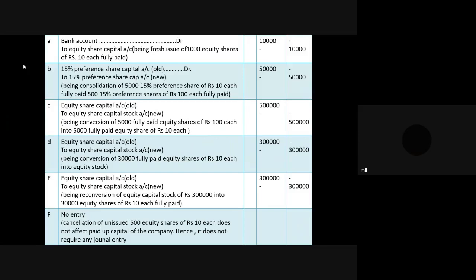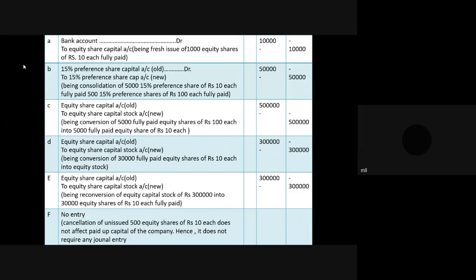Here it is consolidation of shares, reduced to only 500 preference shares of rupees 100 fully paid. The narration being consolidation of 5,000 15 percent preference shares of rupees 10 each fully paid into 500 15 percent preference shares of rupees 100 fully paid.